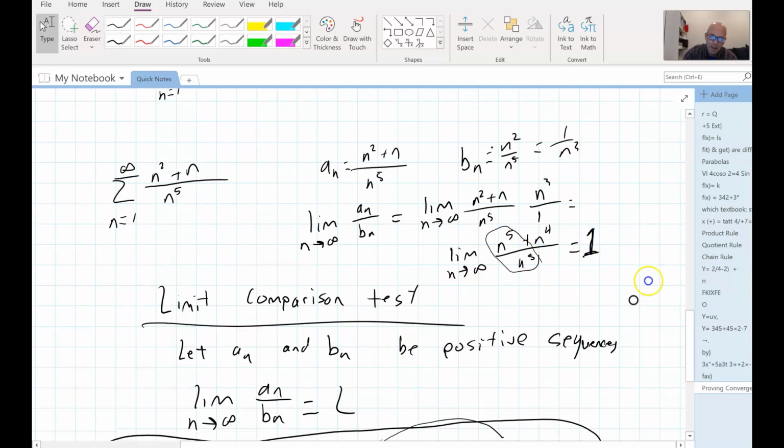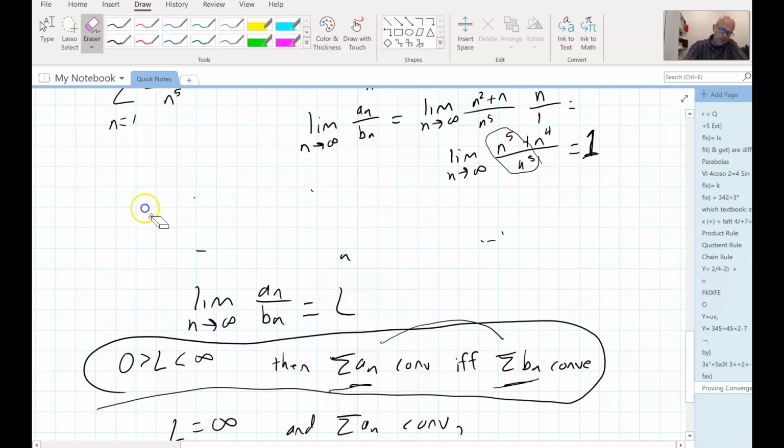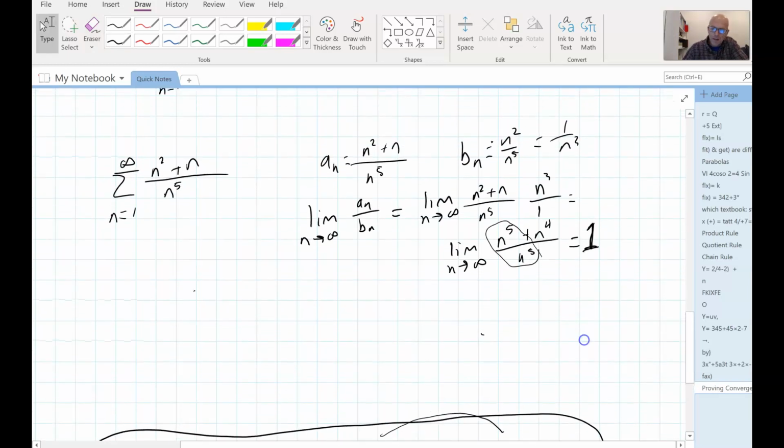We got an L that's bigger than 0, but less than infinity. So that means that the two series behave similarly. I'm going to erase this to make some room here. We're using the limit comparison test, right? Because we got L equals 1, so L is greater than 0.